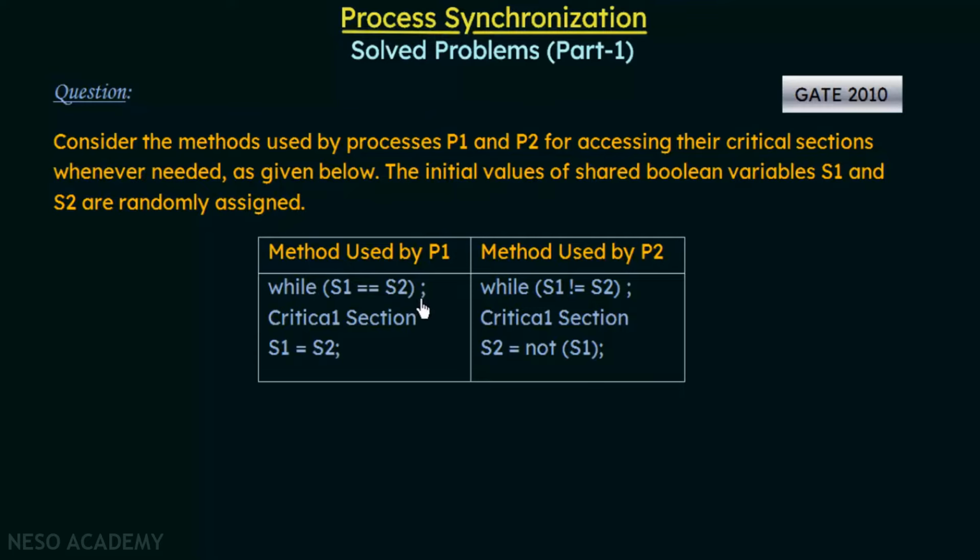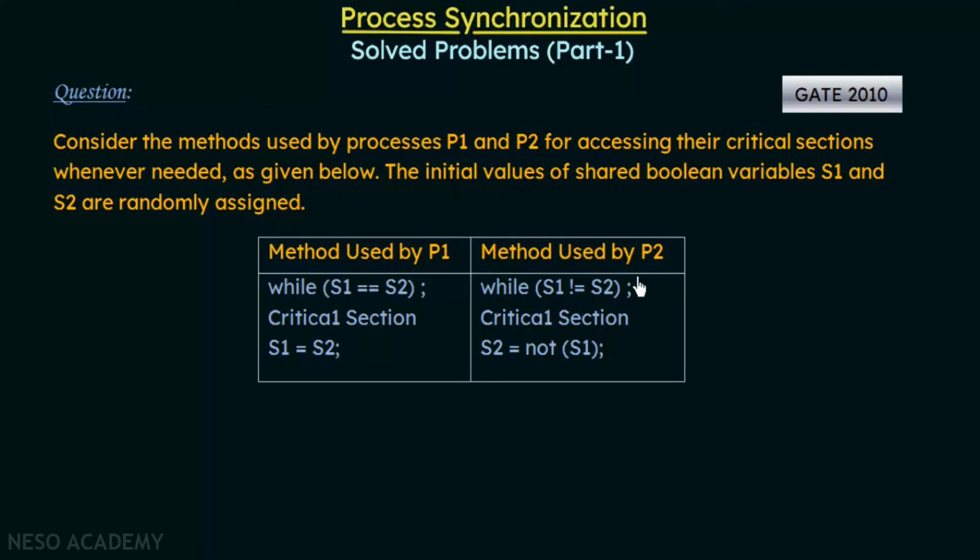The semicolon says that as long as this condition is true, the control remains inside this while loop. The moment this condition becomes false, P1 will be able to enter its critical section and do its operation. After it completes its operation, it comes out of the critical section and sets S1 equal to S2. This is the method used by P1 for entering its critical section.